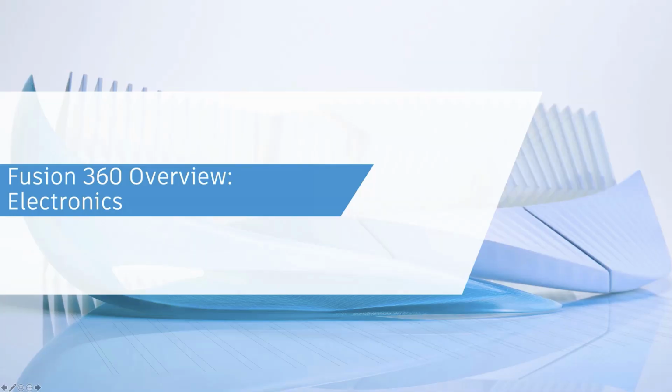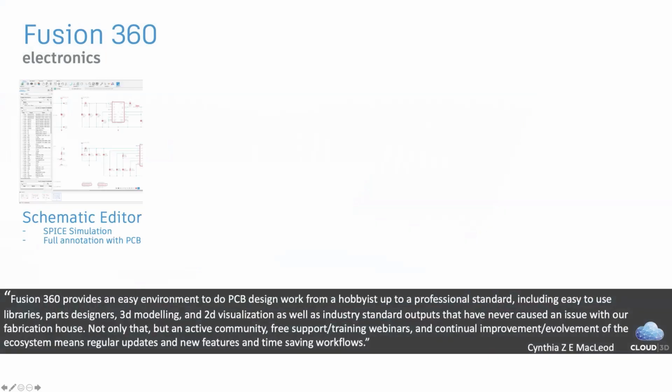Now, let's take a look at an overview of the electronic design capabilities of Fusion 360. We'll start off with the Schematic Editor. The Schematic Editor is able to support multiple sheets, and has a SPICE simulation tool so you can verify some aspects of your design, if you need a particular signal or something like that.